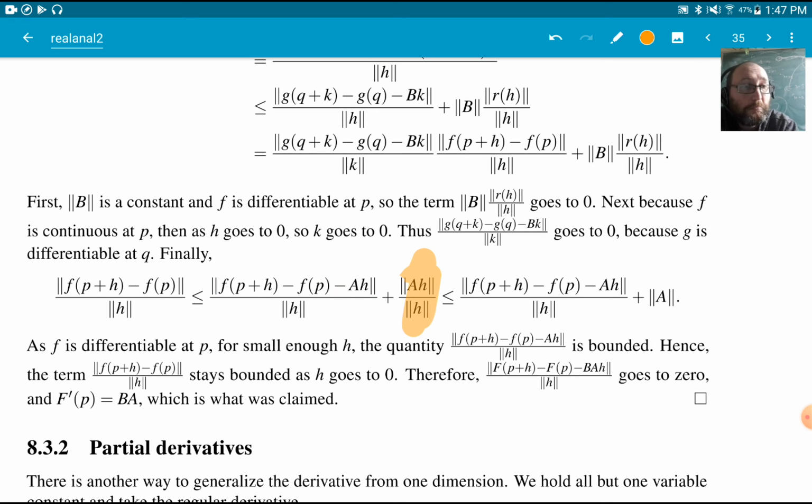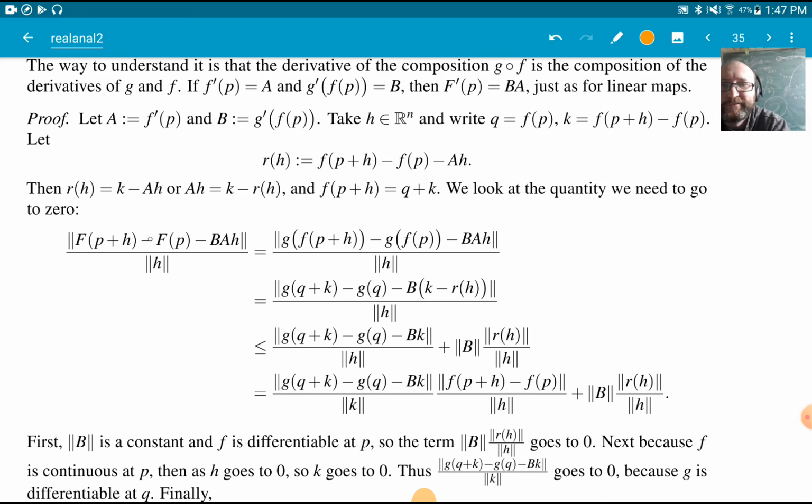What is this? The supremum of this is the norm of A over all non-zero h, and we are assuming that h is non-zero. Otherwise, none of this would have made sense; where we started, we definitely need h to be non-zero.